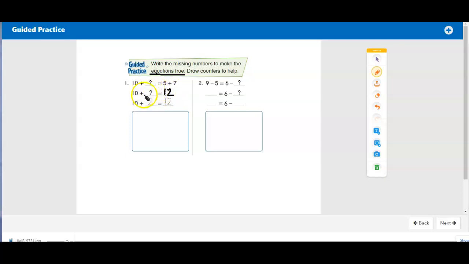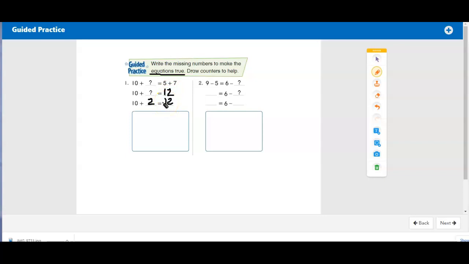So 10 plus what number would give us 12? 10 plus 2 would give us 12. And then they just carried their answer down to the bottom. So 10 plus 2 is 12 equals 5 plus 7, which is also equal to 12.